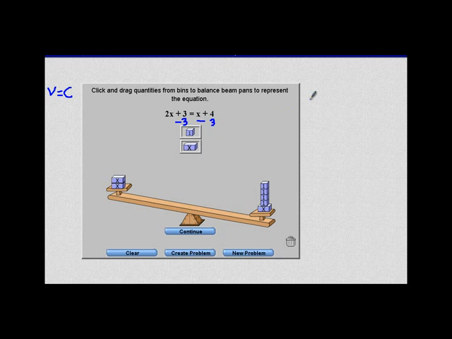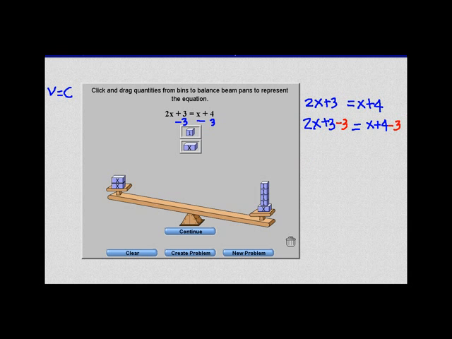Or we can just write it as 2x plus 3 equals x plus 4, where 2x plus 3 minus 3 equals x plus 4 minus 3. So we subtracted 3 from both sides.